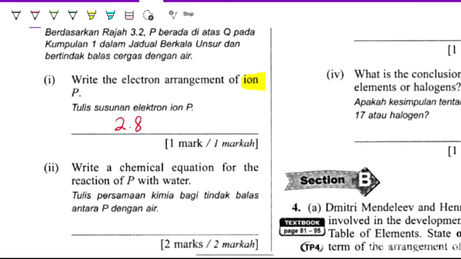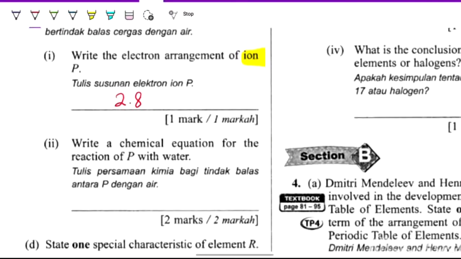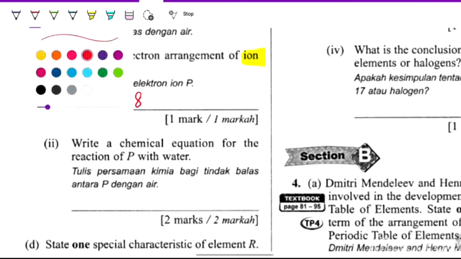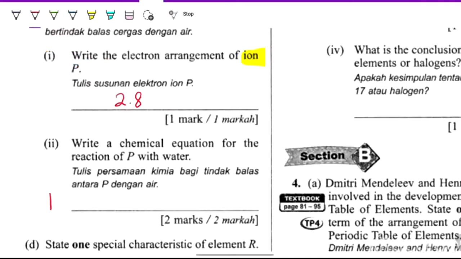Write the chemical equation for the reaction of P with water. So P is the metal, so it reacts with water. It will form an alkaline solution, so it will be P hydroxide, with hydrogen gas released.